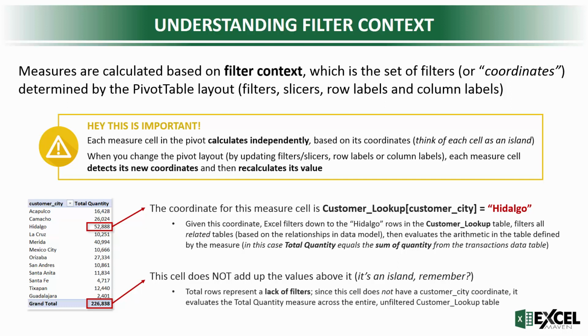So even though there are row labels in this view for customer city, they don't affect the grand total row. So customer city is not a coordinate for this particular cell. So as a result, the total quantity measure evaluates against the entire unfiltered customer lookup table and therefore the entire unfiltered transactions table. And that's why you see the grand total there.